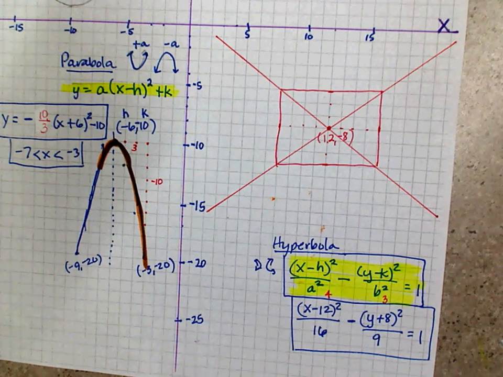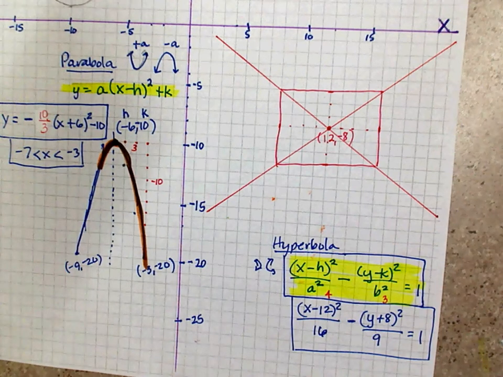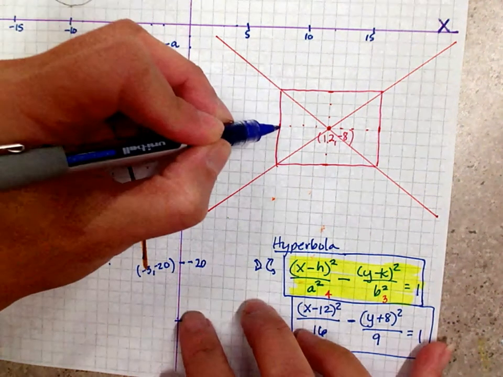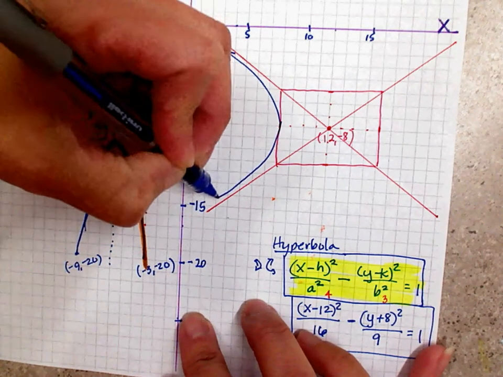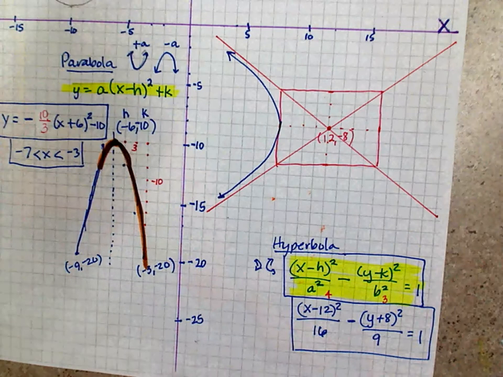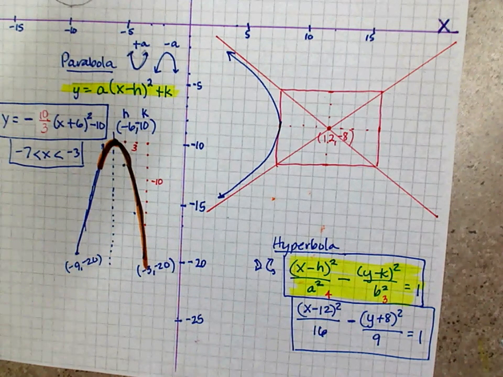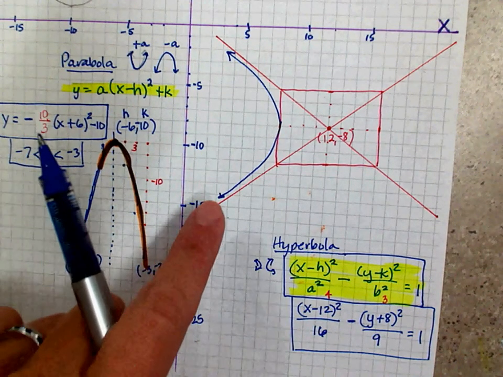All right, you guys got it? Here we go. Are we good? Okay, this one goes left to right. Now, if I'm only using one side of it, say for example, I'm only using that side of the hyperbola, do I need to sketch the other side?